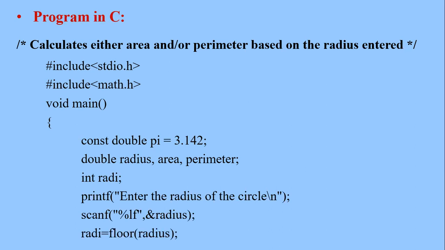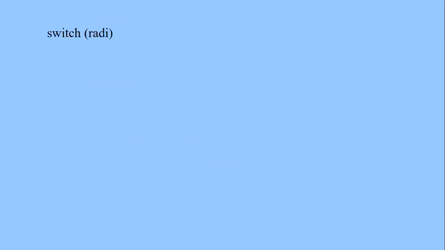Then that value will be picked by the processor, and the processor will round it using the function called floor. Floor is found in the preprocessor directive for math, that header file called math.h. That figure will be rounded using floor, and it will be stored in the memory location called radii. So that value now will be used in our switch. So switch, radii. What is the value of the content of radii?